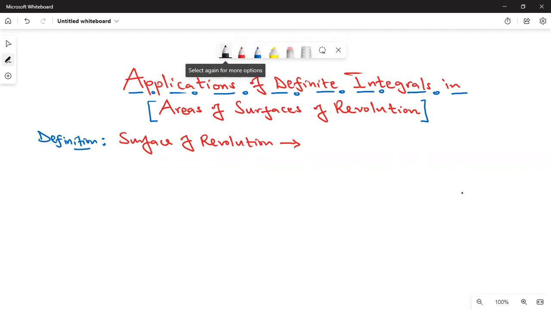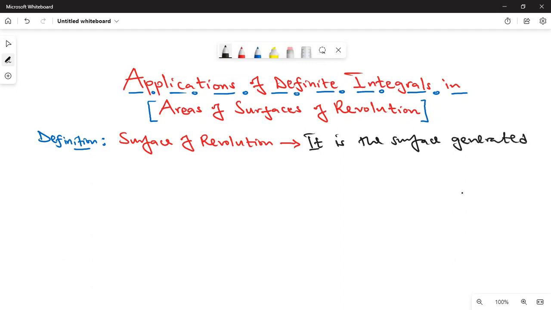And this simply means that it is the surface generated by rotating a curve about a line.